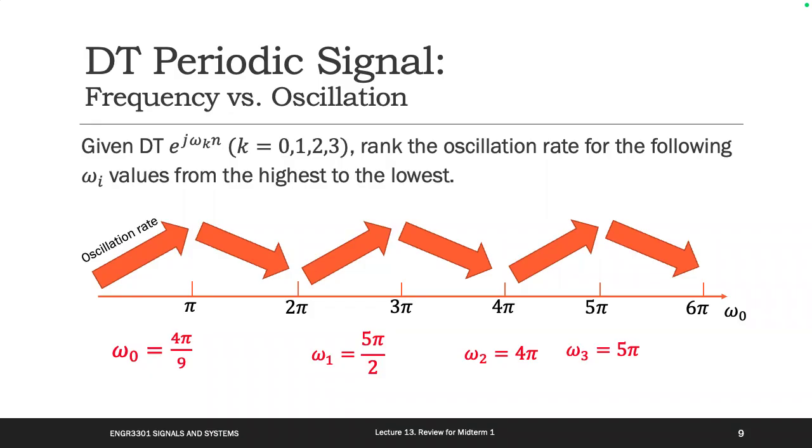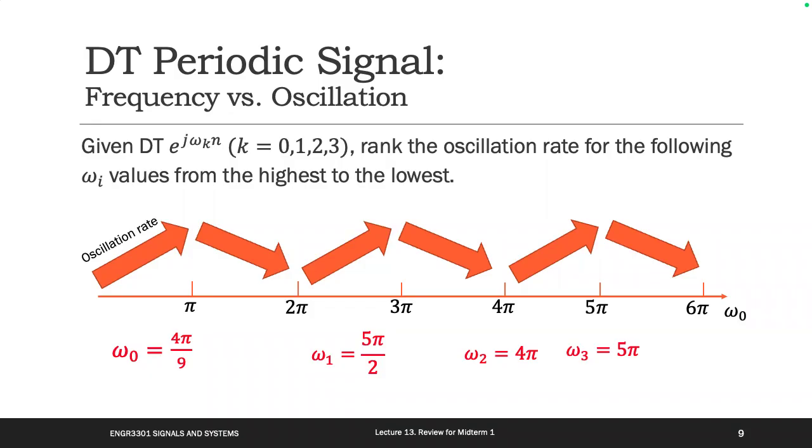So when you are close to this one, you will have the highest. When you are close to this one, you will have the lowest. Am I right? So which one is the highest? When omega now goes to this value, it will have the highest.